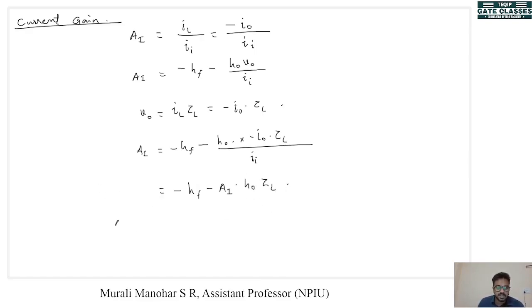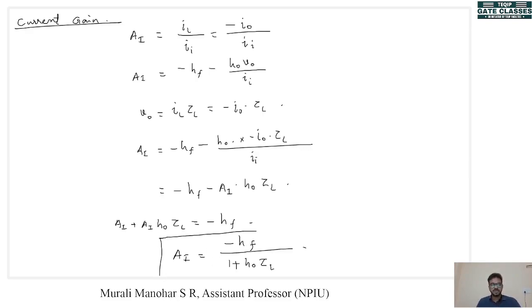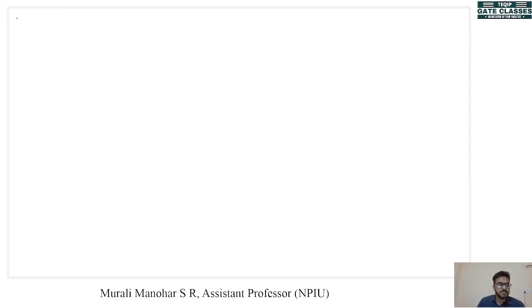So this becomes AI plus AI into Ho ZL equal to minus Hf. Take AI outside. This becomes AI into 1 plus Ho ZL, and we can find AI as minus Hf divided by 1 plus Ho ZL. So this will be the value of current gain. Now we can find out the input impedance.